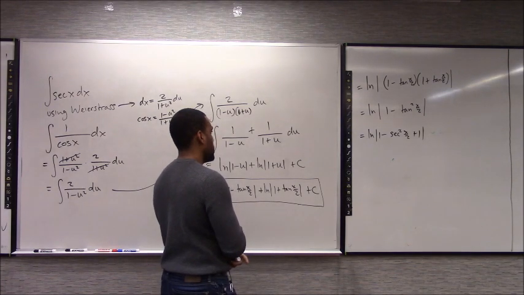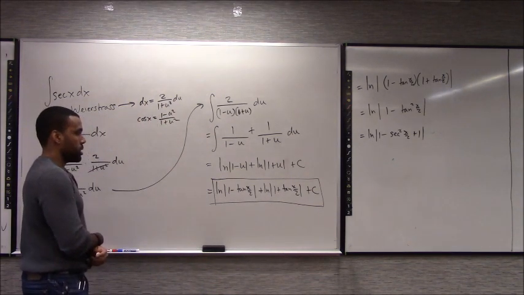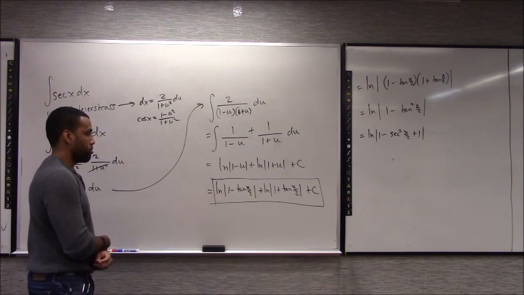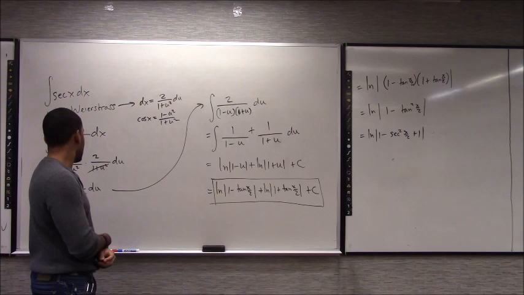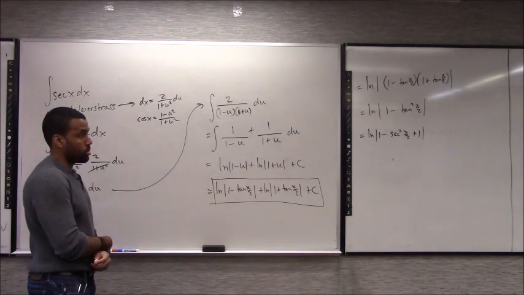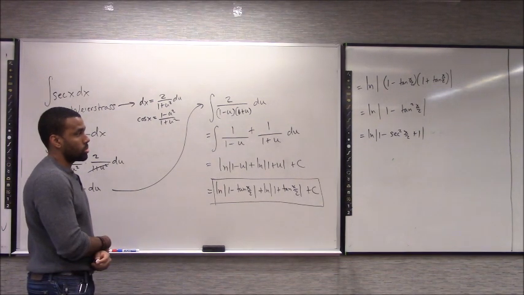So we have 2 minus secant squared. How do we get that to look like secant x plus tangent x? You should just secant squared to 1 over. Actually, never mind.